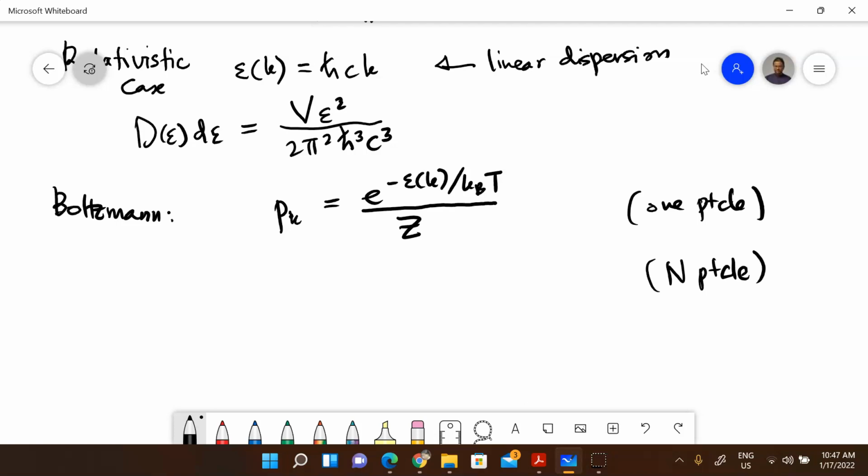The probability distribution is given by n times p k, and this only works for low density. That means your n is not going to give you a high density configuration.